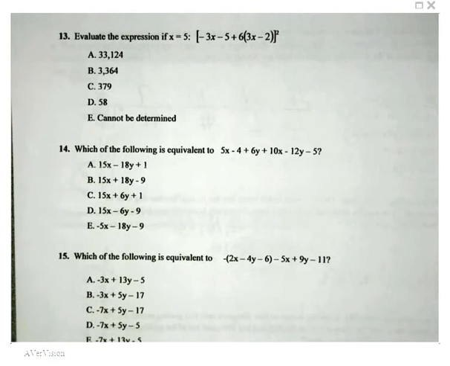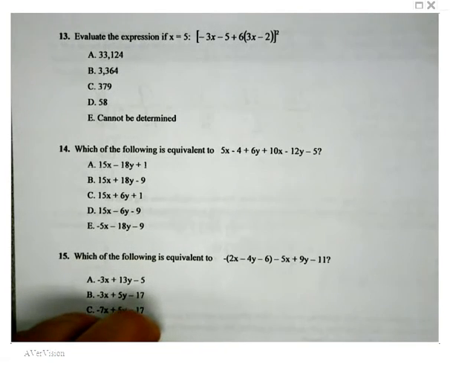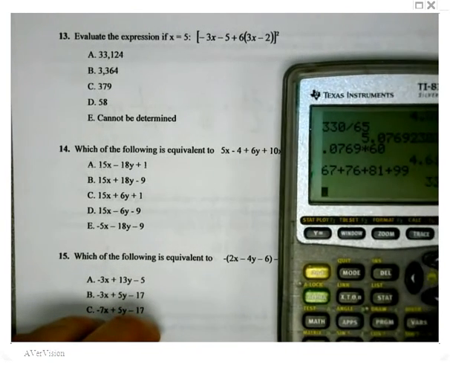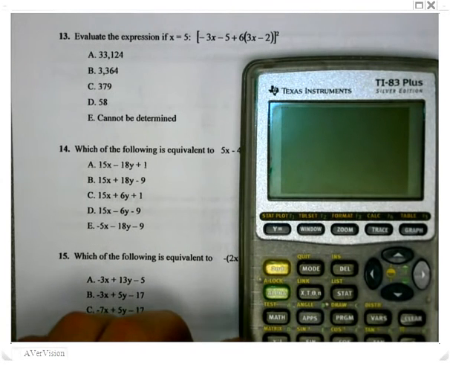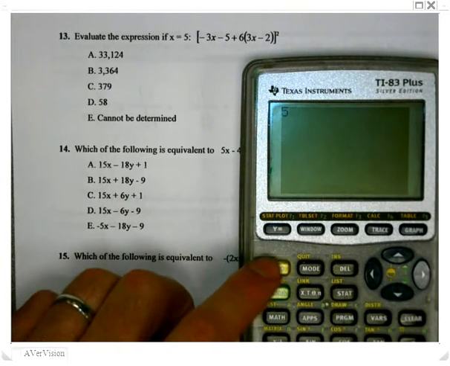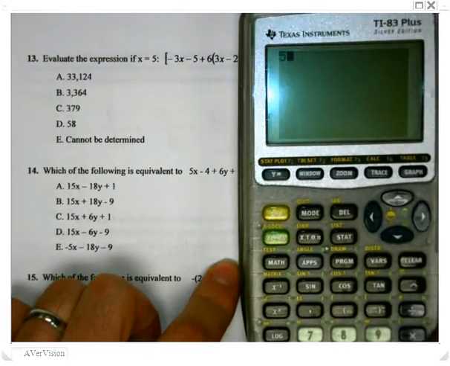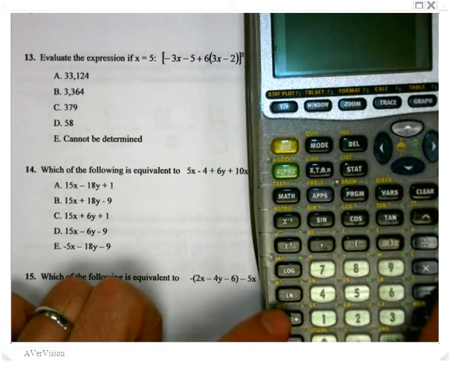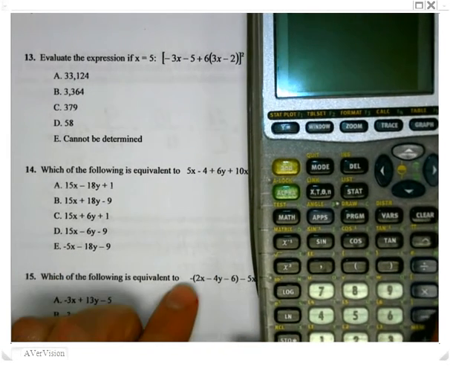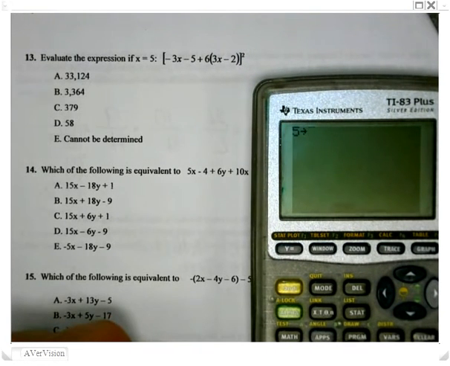Next, more evaluating. Again, if you want to use the store function, you could on this. I'll actually show the store function on one just so you can see how it works in case you need a reminder. So how does this work again? Well, I type in the number I want x to be. The store button, which I'll move this up so you can actually see it, is going to be down here right above the on button. So if I hit that, I can go ahead and get my arrow, and then I type in my x, and that lets the calculator know that's what I want.